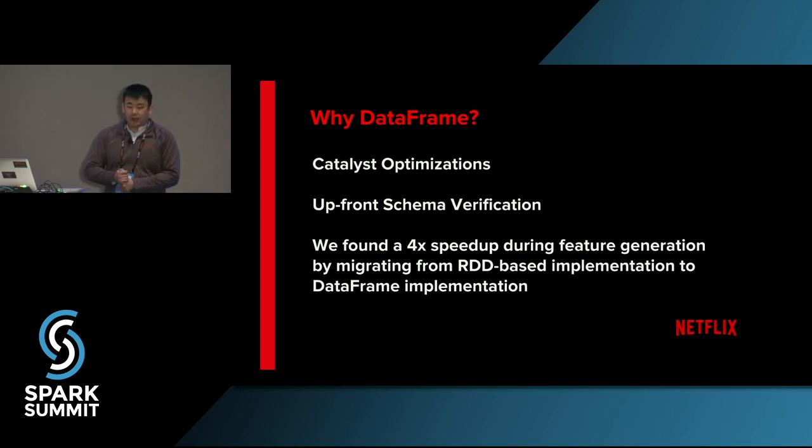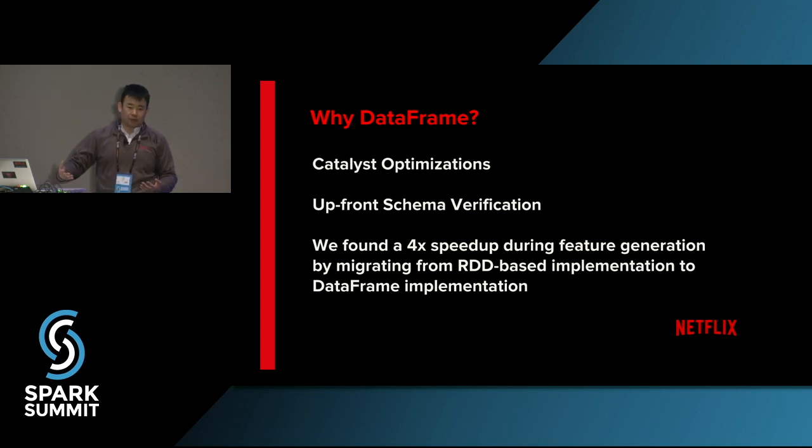Okay, so why do we use data frame? We found that it's pretty fast. It has all kinds of optimization built in right now, like predicate pushdown and a lot of others. And with transformer, you can do upfront schema verification, which is pretty nice.